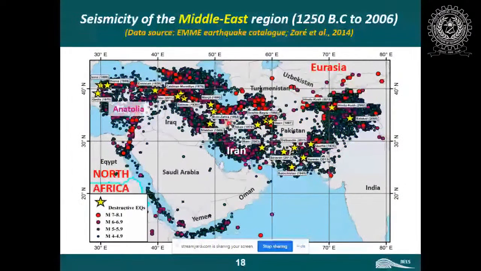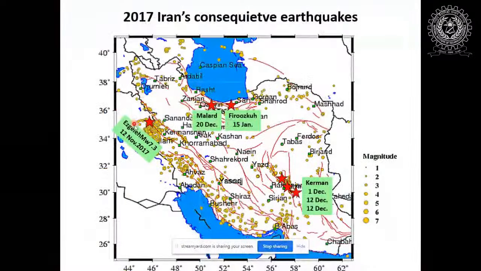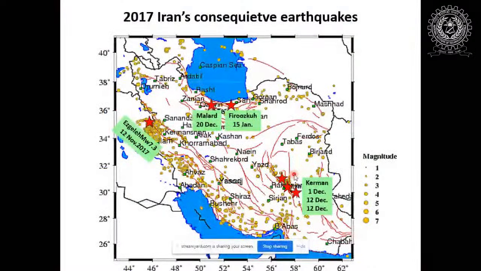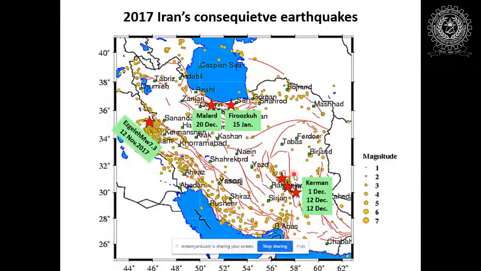In 2017, we had some sequences. It started in November and continued to January 2018.